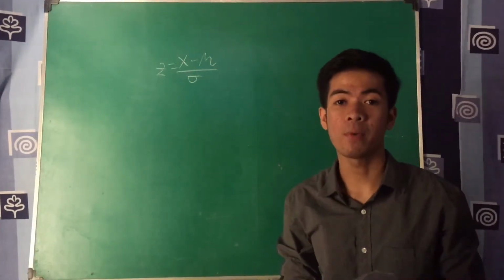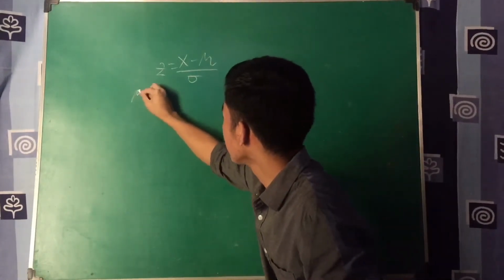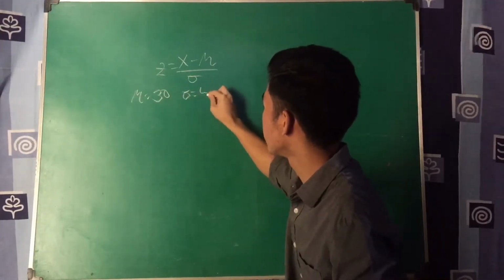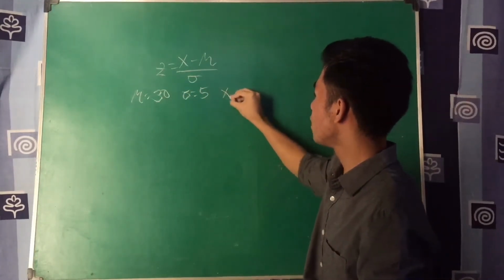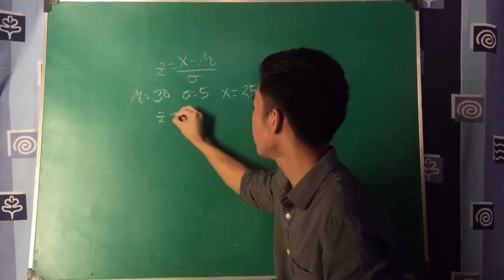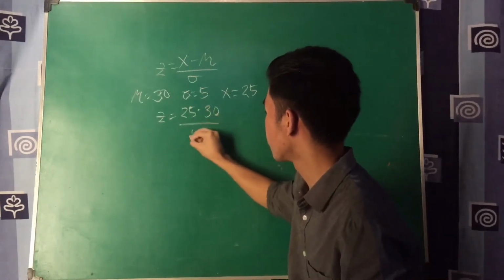Take by way of example, the scores of students for statistics has a mean of 30, a standard deviation of 5, and a corresponding given value of 25. So Z is equal to 25 minus 30 over 5.